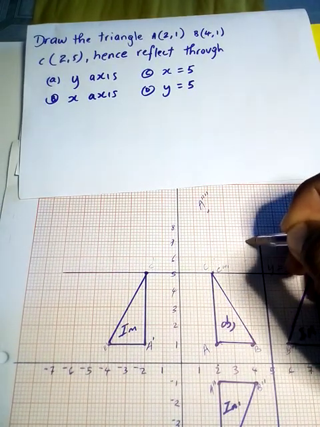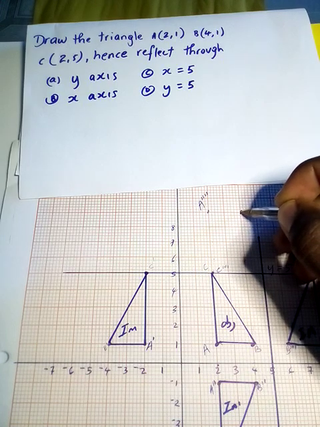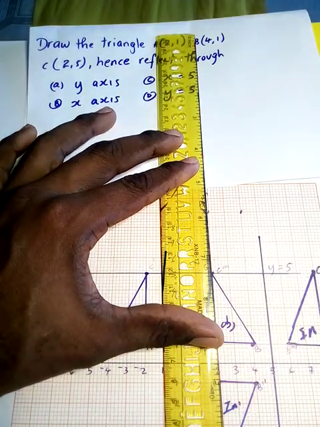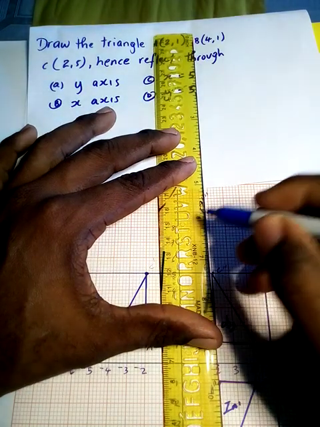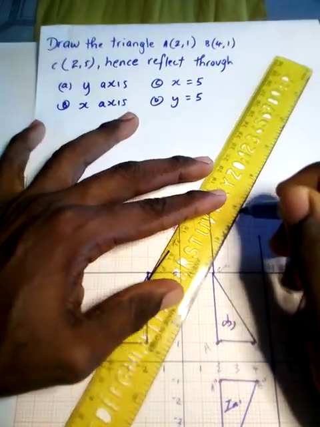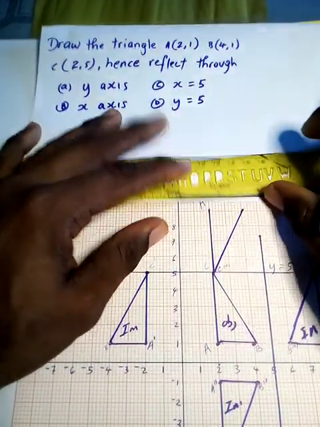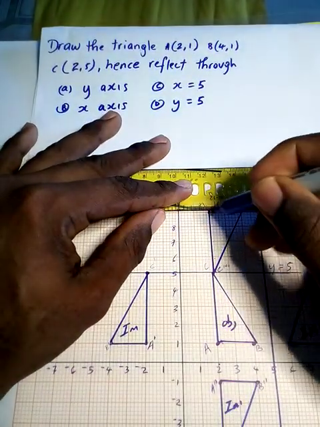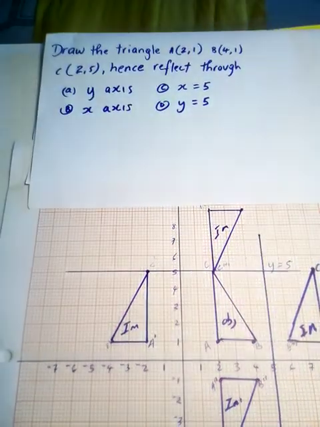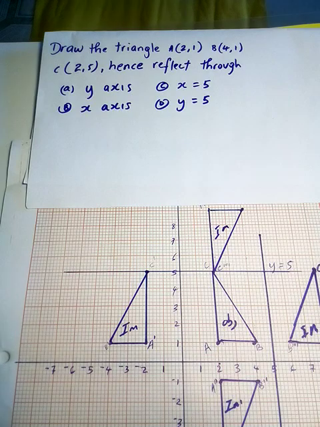So 1, 2, 3, 4 unit spaces. And then we connect our points. And there we have our fourth image that has just been reflected.